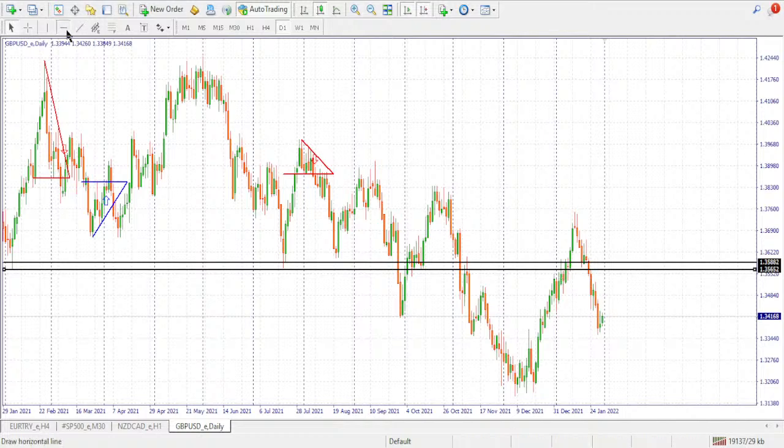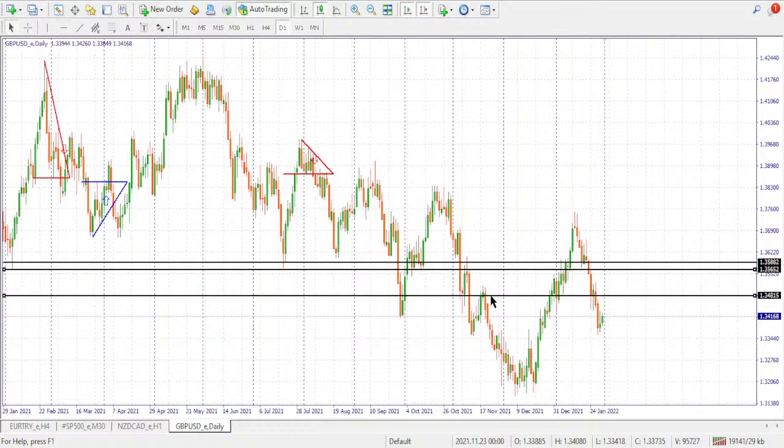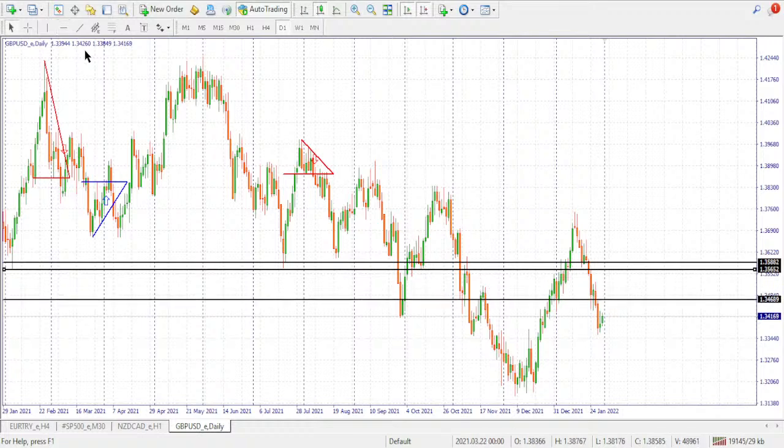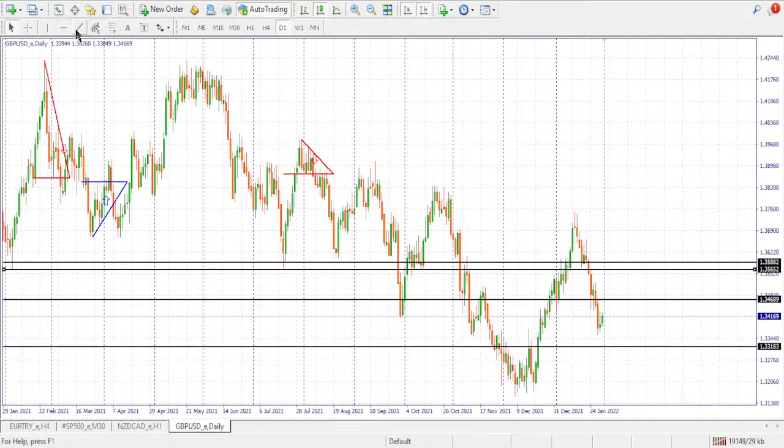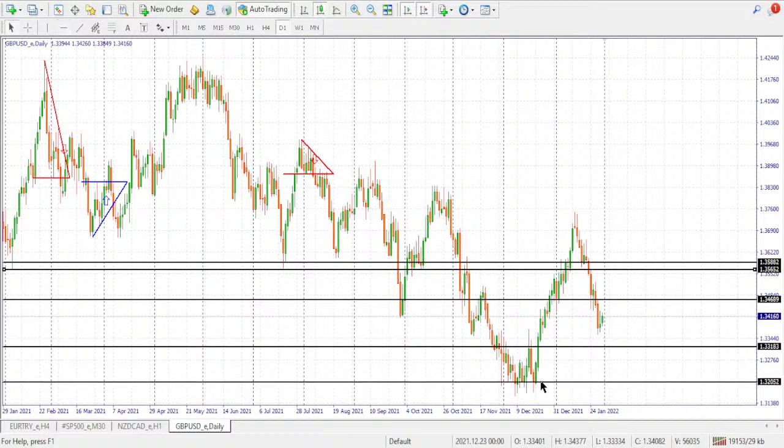We have our levels. The first one is here, then the next one, this one, and then the last one, the one we have at the very bottom. So if the price can pull back and touch this level, 1.34689, then this will act as the best place to look for a sell from.